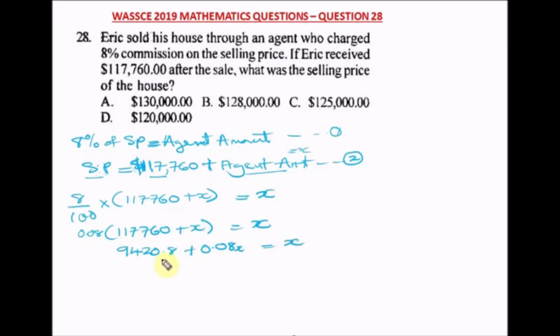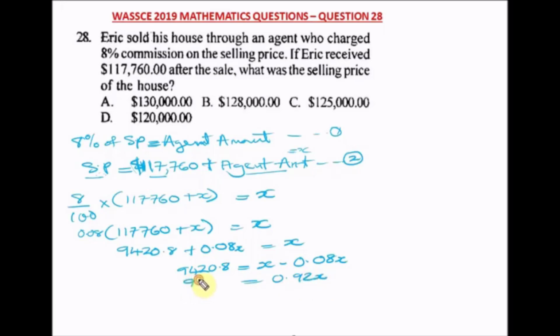So from here, we can take 0.08x to this side. So we have 9420.8 equal to x minus 0.08x. So from here, when we subtract, we have what?